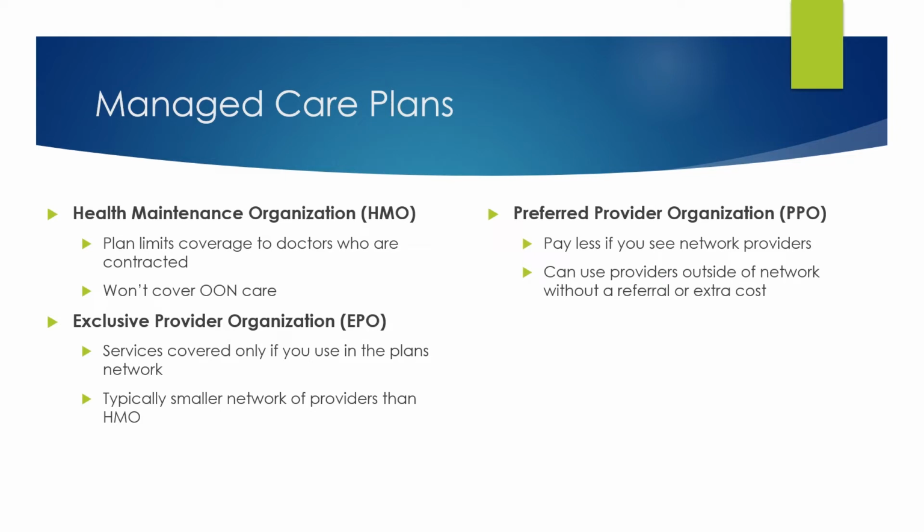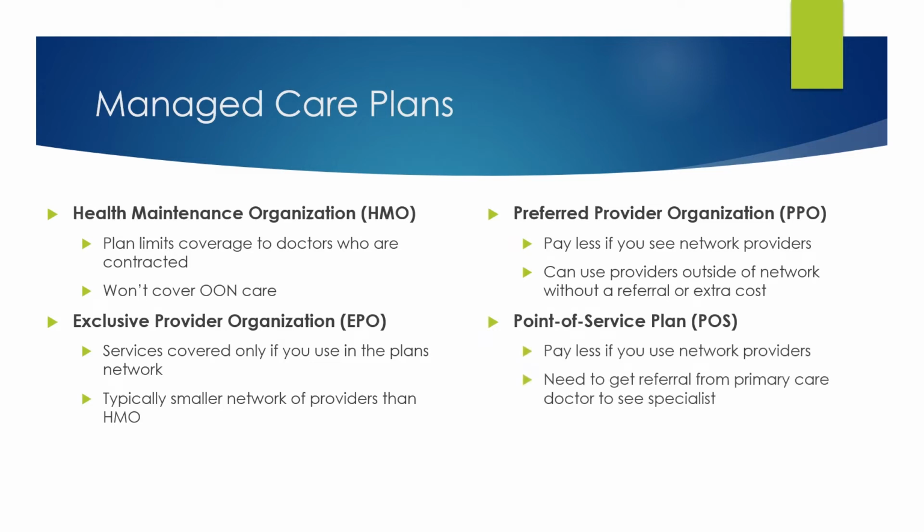So that's the same. And then the last one we'll discuss is what's called the Point of Service Plan, or the POS. This is a hybrid plan which features both HMO and PPO plan type features. This plan allows enrollees to use out-of-network providers, but if they do, they must pay the cost themselves, essentially, unless their primary care physician is referring them to that specific out-of-network specialist that they need.